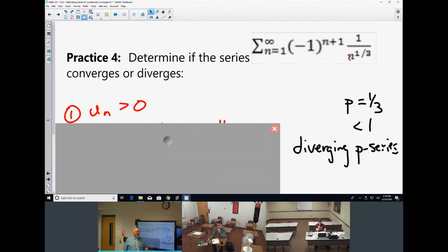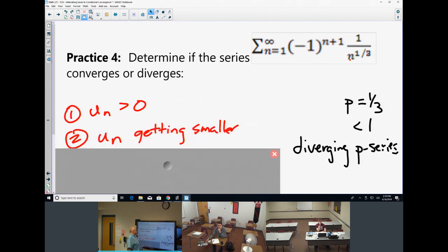Yes, because the cube roots get bigger as the numbers get bigger, but since it's in the denominator, the whole fraction is getting smaller.